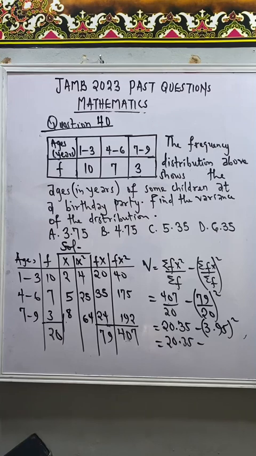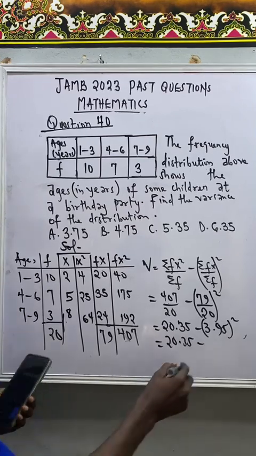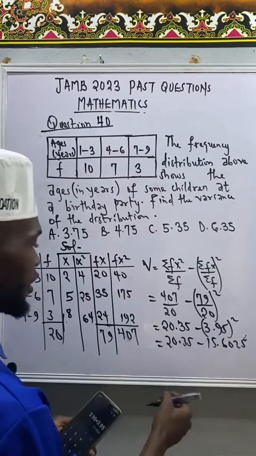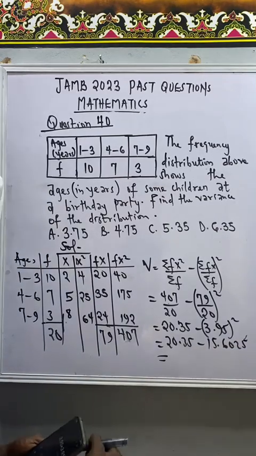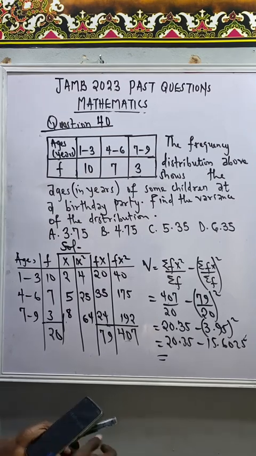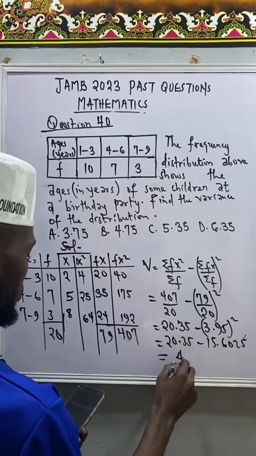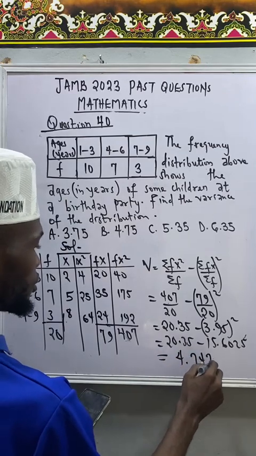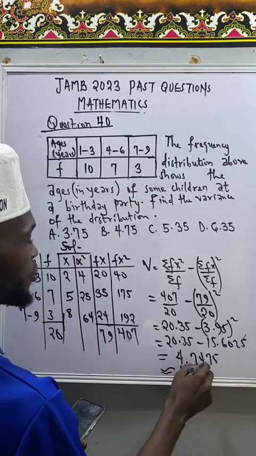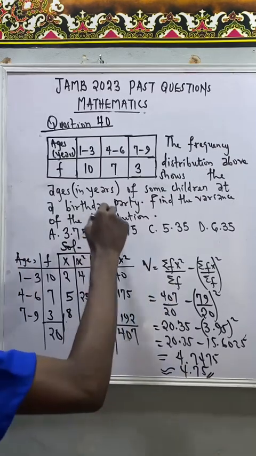That's 3.95 times 3.95. That gives me 15.6025. Let's subtract this from 20.35. That gives me 4.7475. Approximately I have 4.75, which is option B.